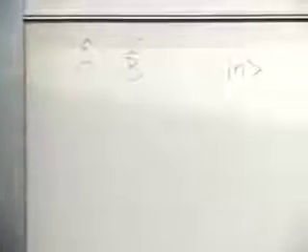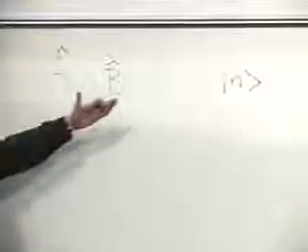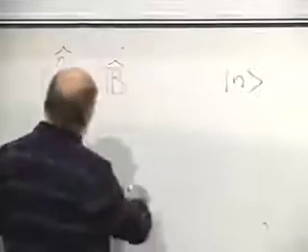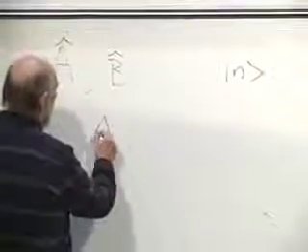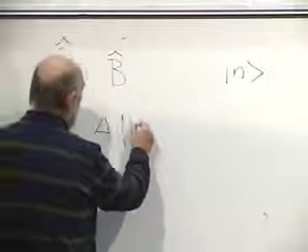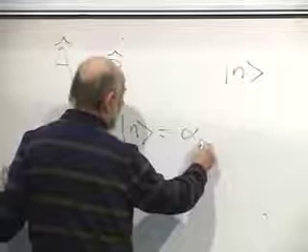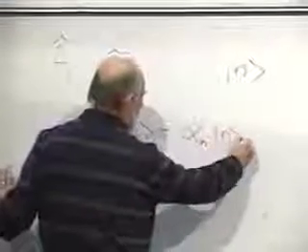Well, let's see what that means. That means we have a complete basis of vectors labeled from 1 to capital N, such that for every one of them, A on n is some eigenvalue, let's call it alpha sub n, times n.